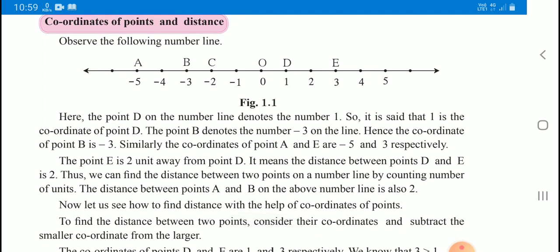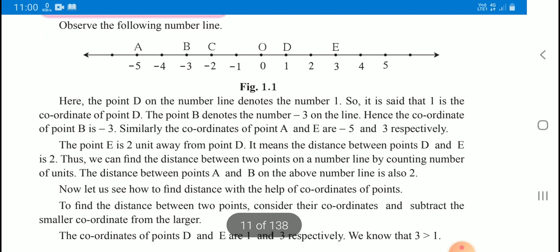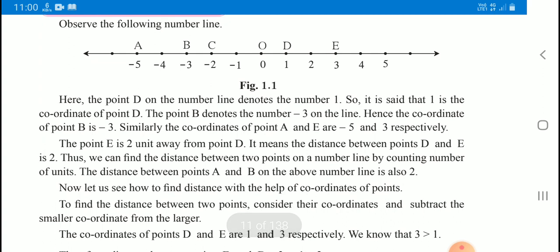Here the point D on the number line denotes the number 1. So it is said that 1 is the coordinate of point D, which means the number is the coordinate of that particular given point. The point B denotes the number -3 on the line. Hence, the coordinate of point B is -3.